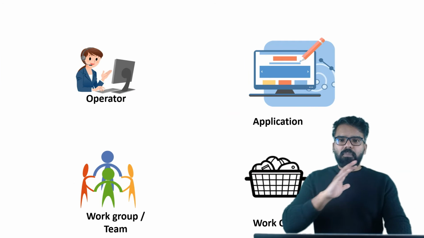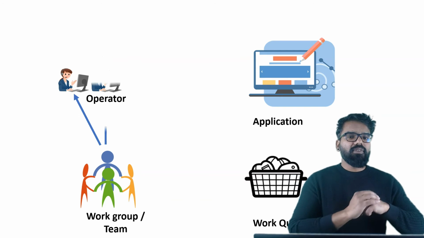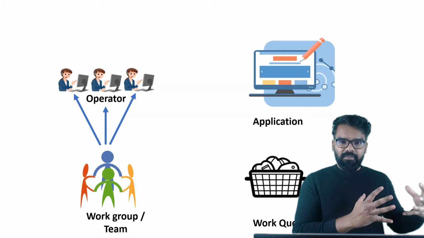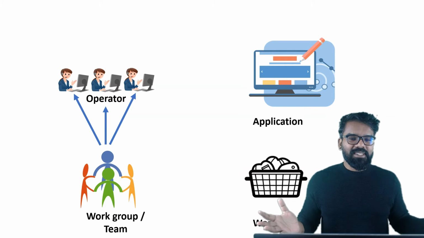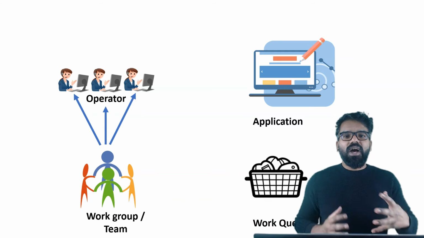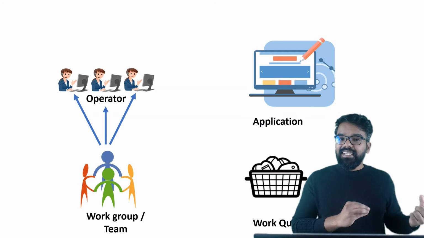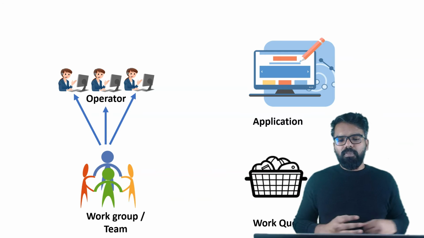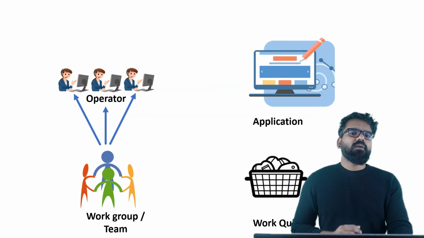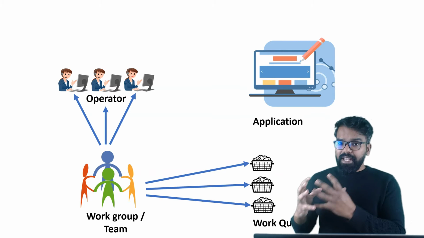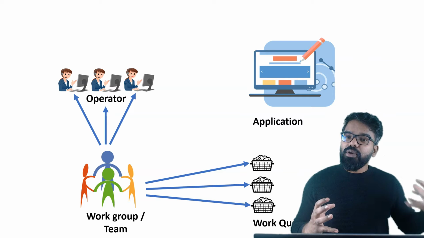Let me look from the point of work group. If I look from work group, let's say a team. Team is always, from the name itself, we can say definitely you should have multiple people, right? So different operators should be part of a single team. So one team can have multiple operators. That is a bit obvious. What about work queues? One team can have multiple work queues also.